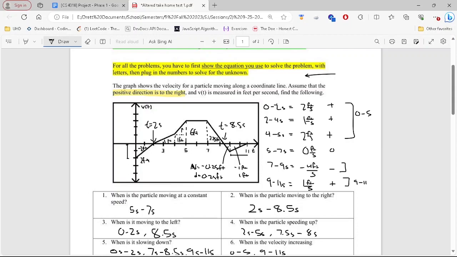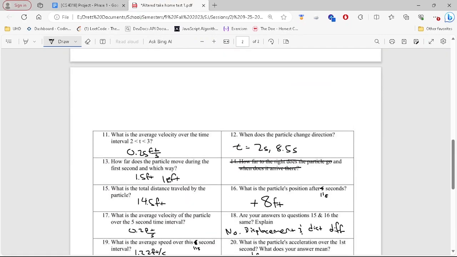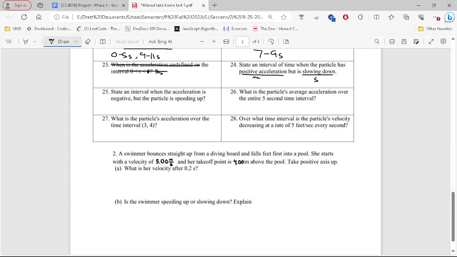Okay, so first part, the acceleration is positive but the speed is decreasing. So this first part is an area where the speed is decreasing, but the acceleration is positive. So 0 to 2 seconds.